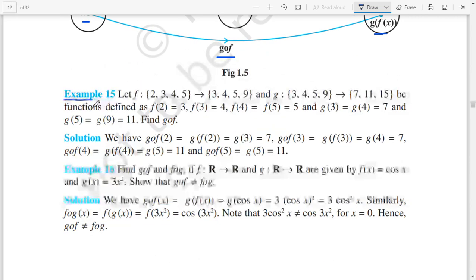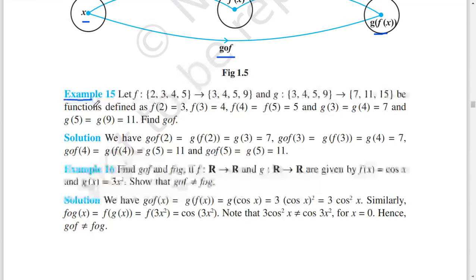Example 15: Let f: {2, 3, 4, 5} → {3, 4, 5, 9} and g: {3, 4, 5, 9} → {7, 11, 15} be functions defined as f(2) = 3, f(3) = 4, f(4) = 5, and g(3) = g(4) = 7 and g(5) = g(9) = 11. Find gof.